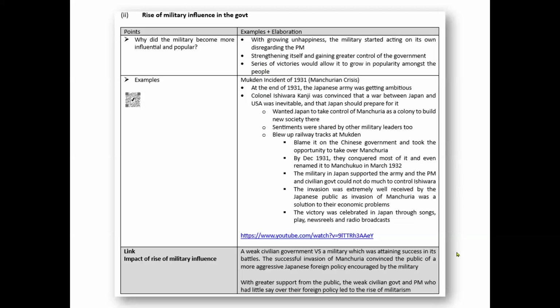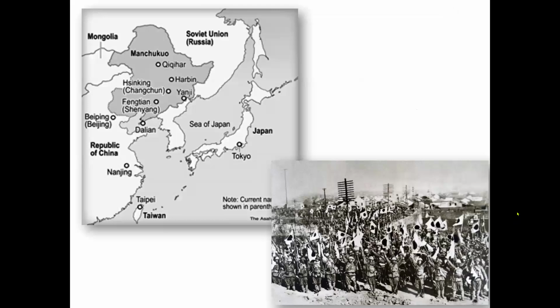So it does make a difference: a weak civilian government versus a stronger military. Because of the success in Manchuria, and with all the economic problems, Manchuria maybe was the alternative, and the people were blatantly supporting the Japanese military. That made the military even more popular than they already were.